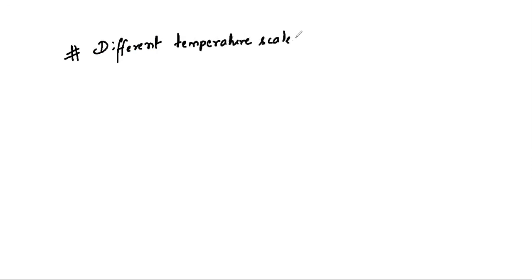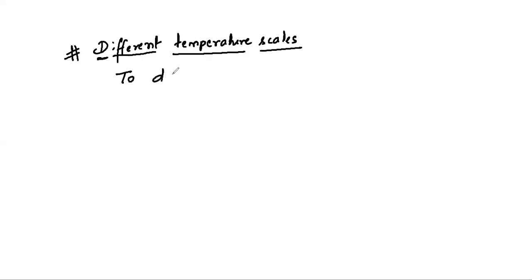You have already heard that there is degree Celsius, degree Fahrenheit, and the Kelvin scale, right? Okay. So how do we define the temperature scales? That is a very basic question. For that, we have to use the steam point and the ice point to define a temperature scale.